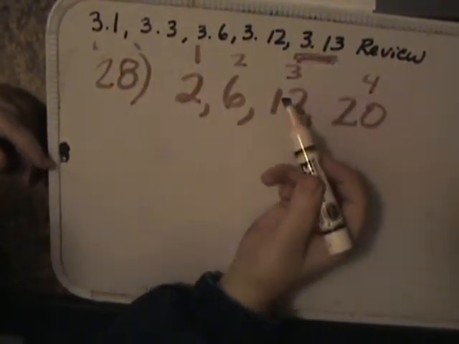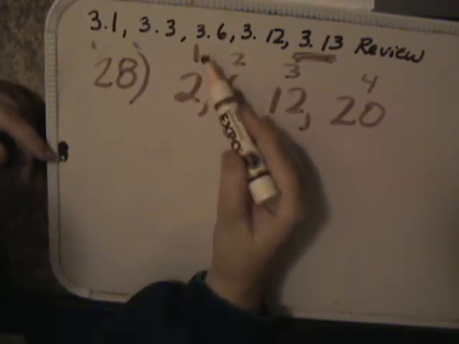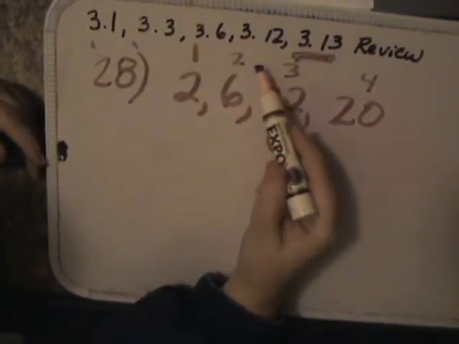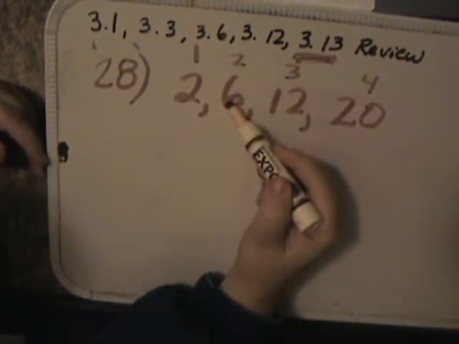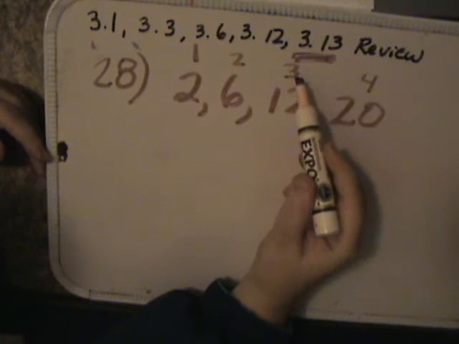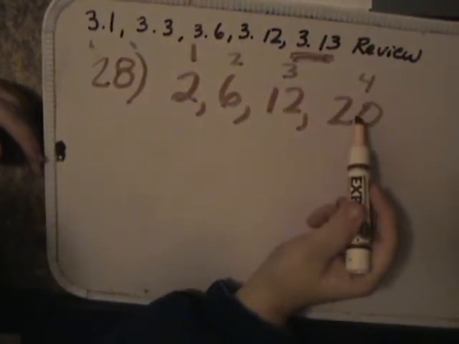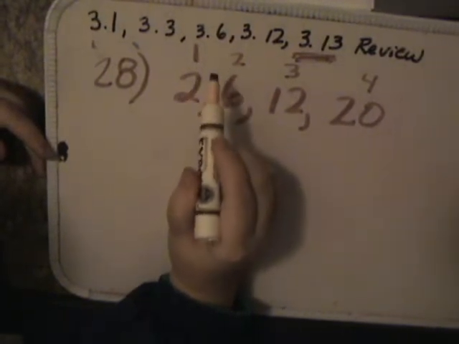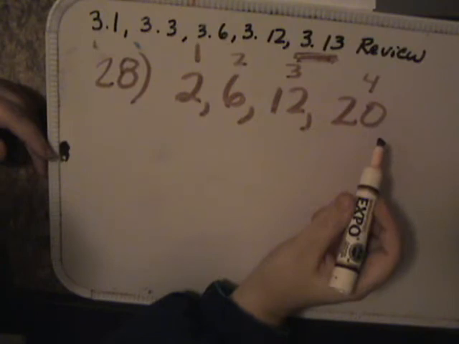So I look and I say, well, what can multiply by 1 to give me 2? Well, 2 could multiply. But then this one, it's definitely not a 2, because this would be 2 times 3. This looks like it's 3 times 4, and then 4 times 5. So it looks like it's multiplying by a number, but that number goes up 1 each time.